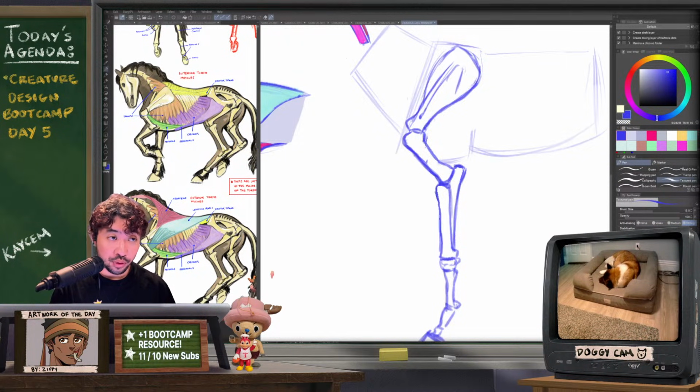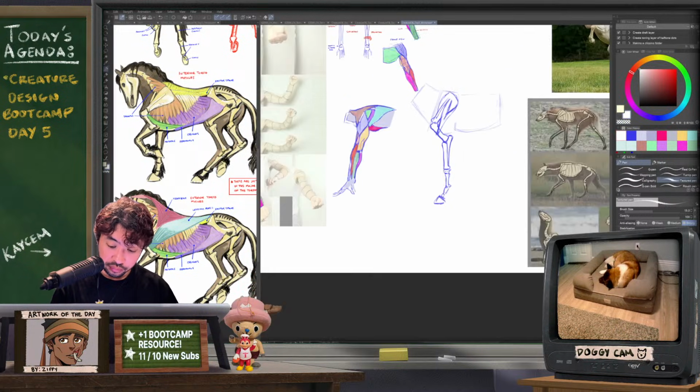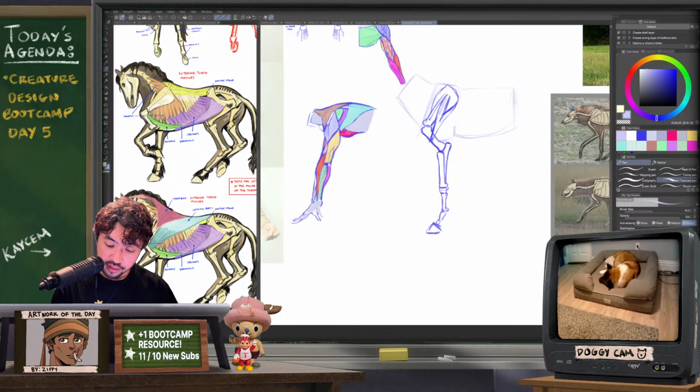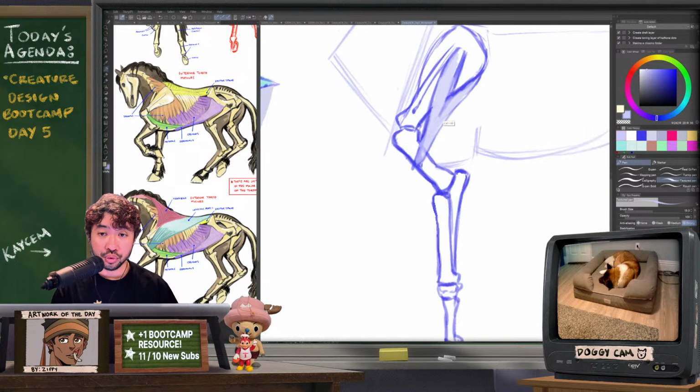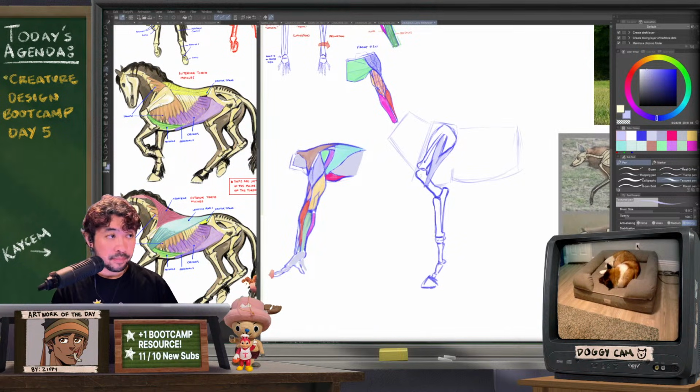The deltoid of the horse actually sits in here on the spine there, but also on the edge of the scapula like this. And then it connects here to the front side of the humerus, okay? So this right here, this is the deltoid. It's going to get even weirder than that.